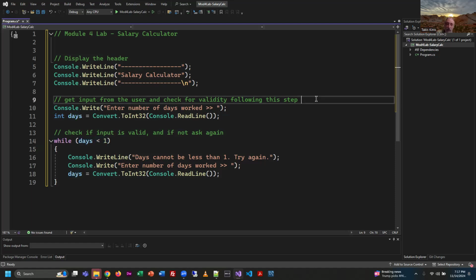This, and I should probably put this as a note, the priming read of the data, right? Before we go into the loop, we're priming the loop to see if it's going to run or not, right? If they fail the test, or actually if they meet the test, which is the failure option, basically, we give them an error and we ask them to try again.